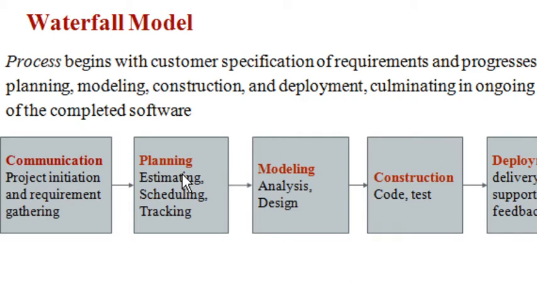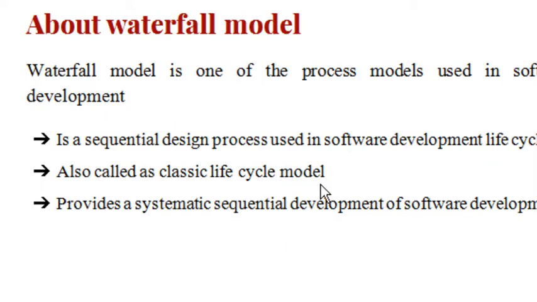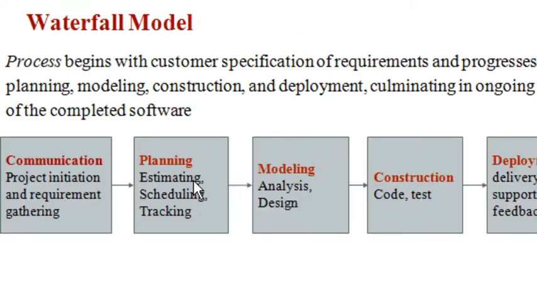When the planning phase gets completed, the third one, that is the modeling activity, takes place. So each and every activity is carried out only when the previous activity gets completed. Hence, this waterfall model is described as a sequential design process, and it is also called the classic life cycle model.